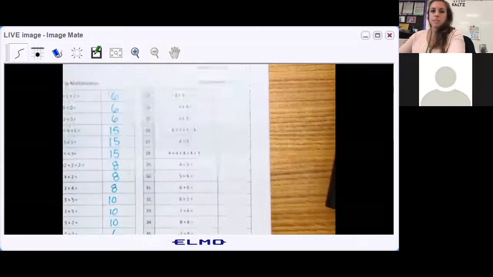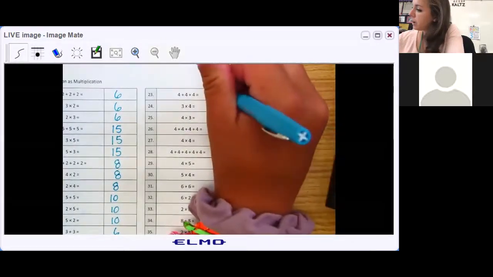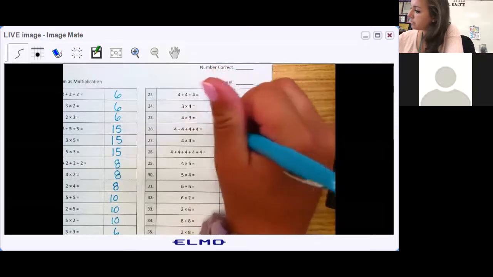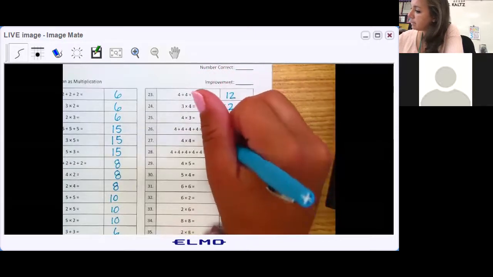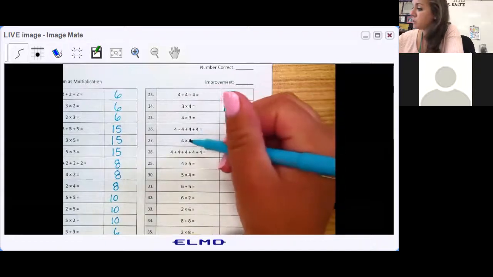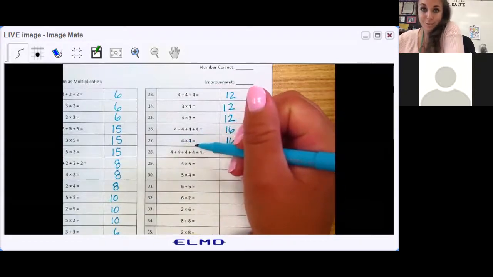Okay, going back up to the top. 12, 12, 12. 16, 16. And again, it's only those 2 together because when you switch 4 times 4, it's still 4 times 4.